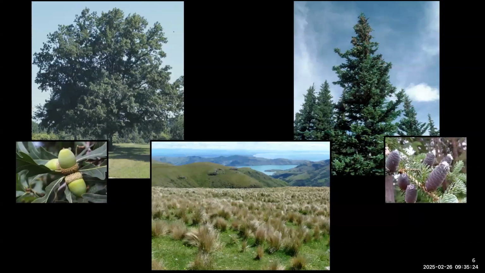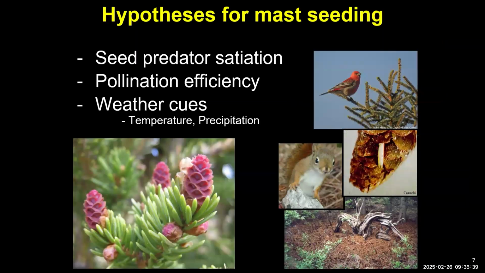And so this is a phenomenon that occurs in a wide variety of species of perennial plants. So acorn production in oaks, this occurs obviously in conifers, and then even some bunch grass studies that have been done in New Zealand. There are a number of hypotheses about why would species have this pattern of reproduction.